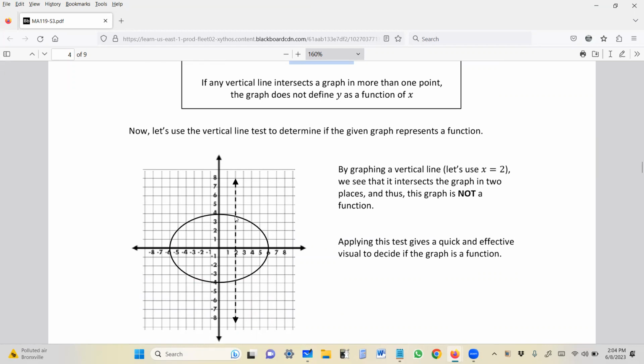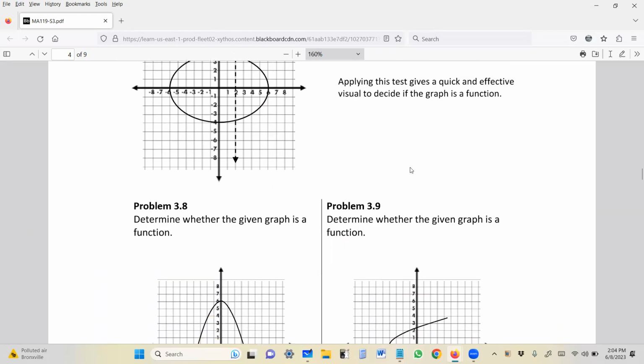Like in this case, this vertical line intersects the graph in two spots. If it intersects in more than one point, the graph that you were given is not the graph of a function. That is as simple as that.